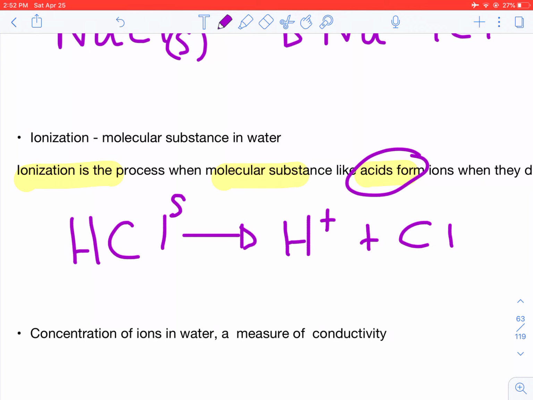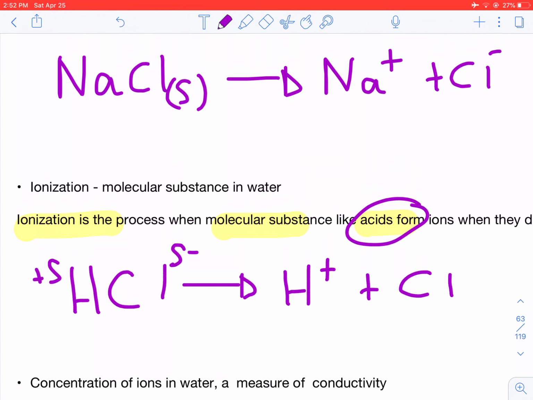So that end becomes partially negative and that end is partially positive, and when this is in solution, you find that ions are formed, right? Remember, the molecule doesn't have ions, unlike an ionic substance. An ionic substance, the solid itself has ions already. Only thing is, the ions are not mobile.